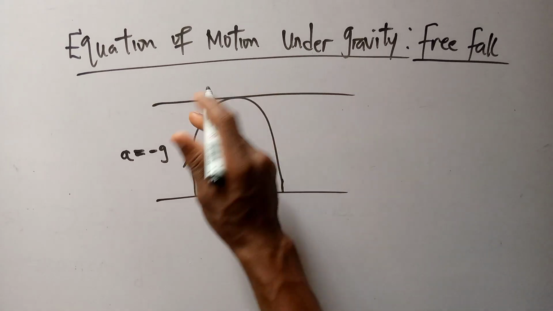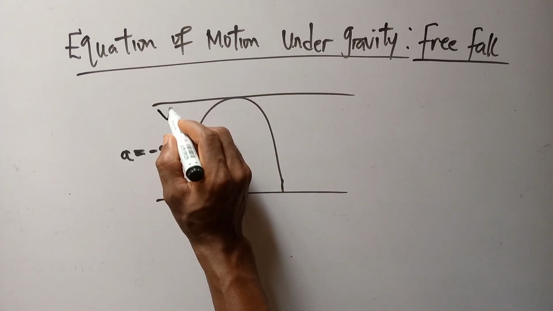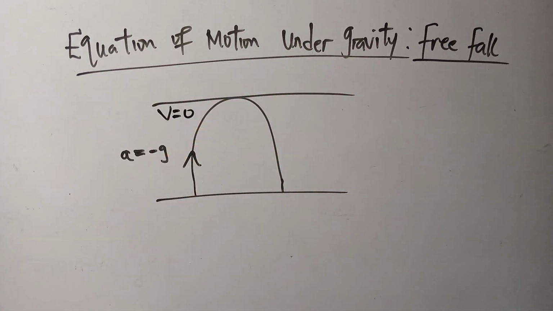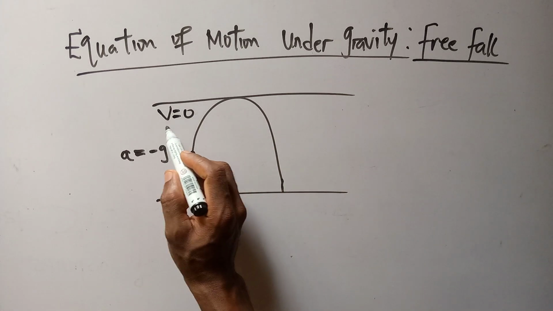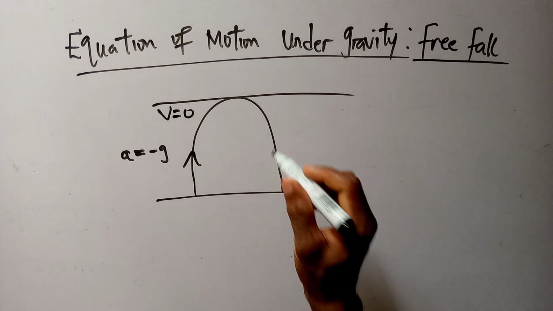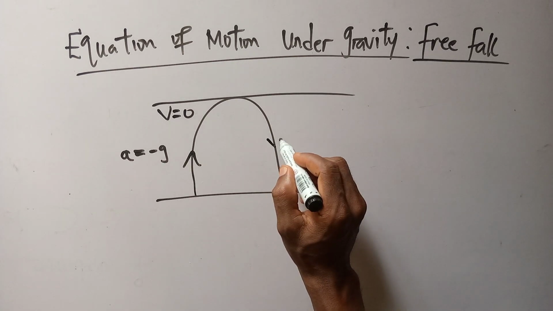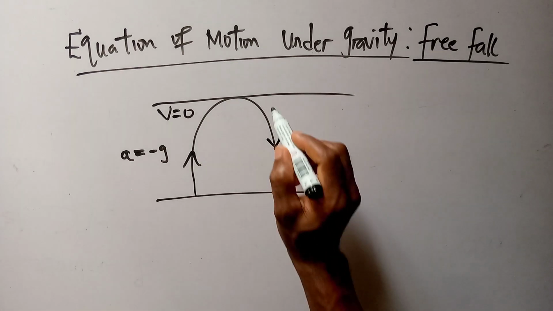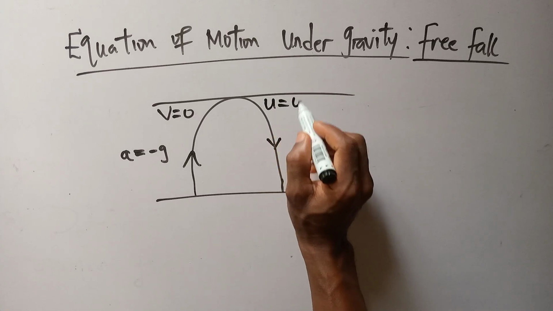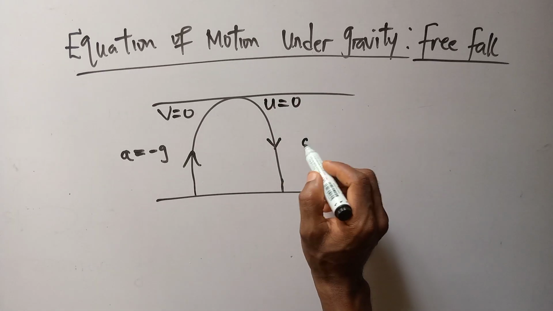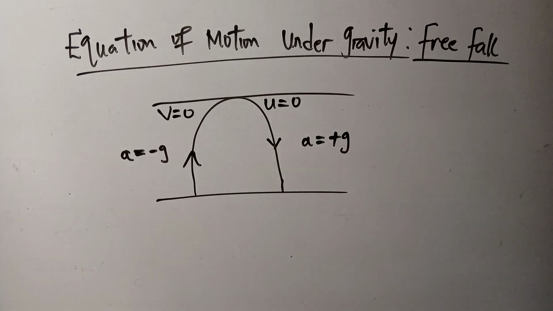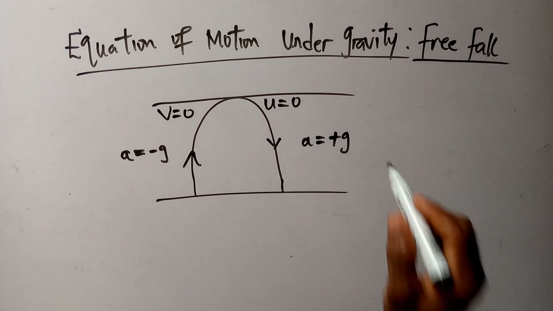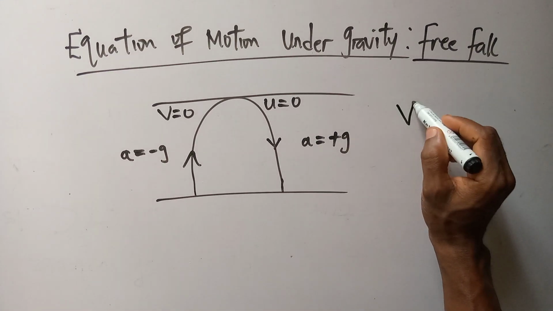Also, at the maximum height, our final velocity is always equal to zero. Whenever an object is released from a height, coming down, your initial velocity is zero and your acceleration is positive g.